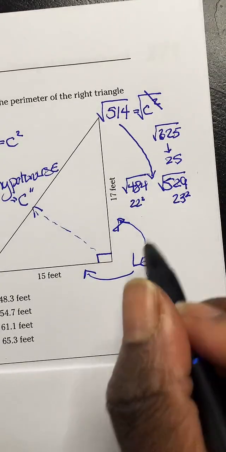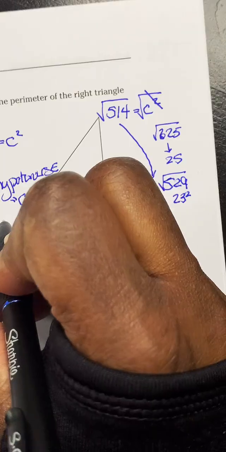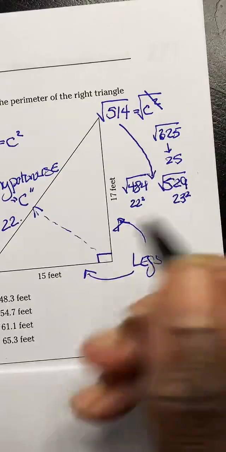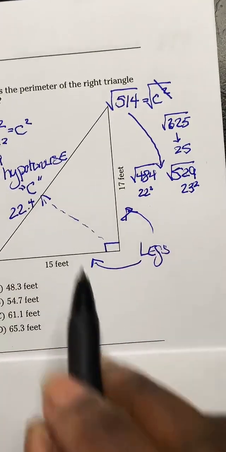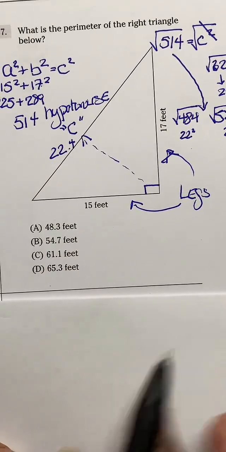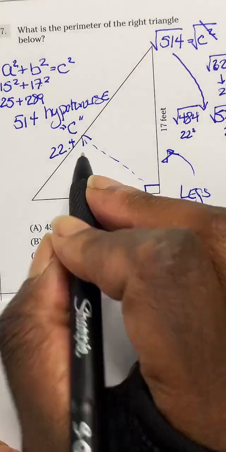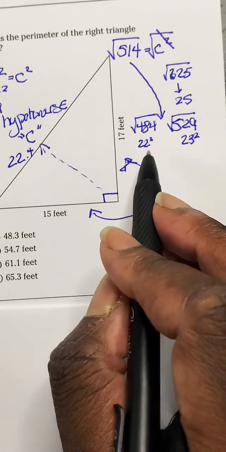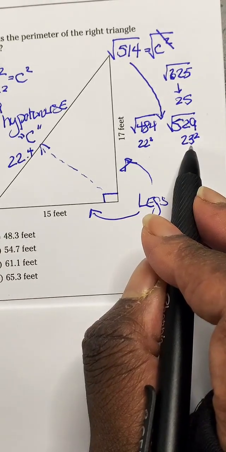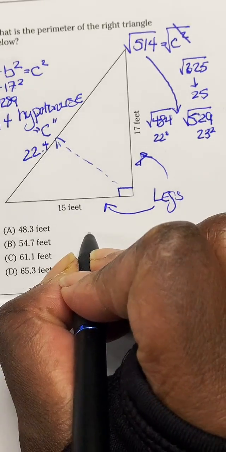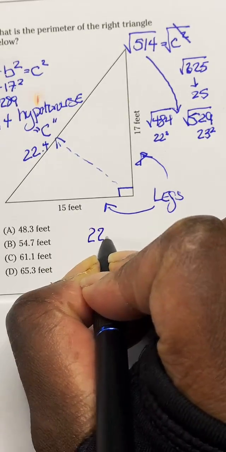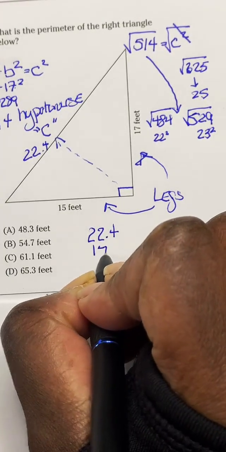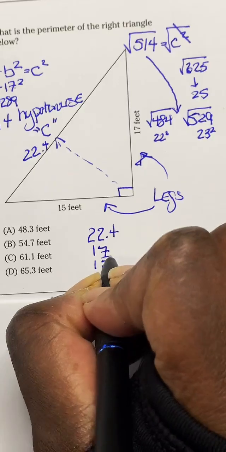So if I say 22 something, like 22.4, just put that out there. Now I get to add all three sides together. I'm guessing with the decimal, because I know my answer is somewhere between 22 and 23. So I'm going to say 22.4, plus that 17 and plus that 15.